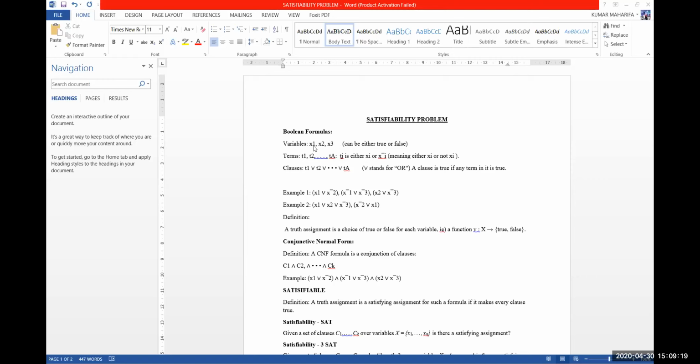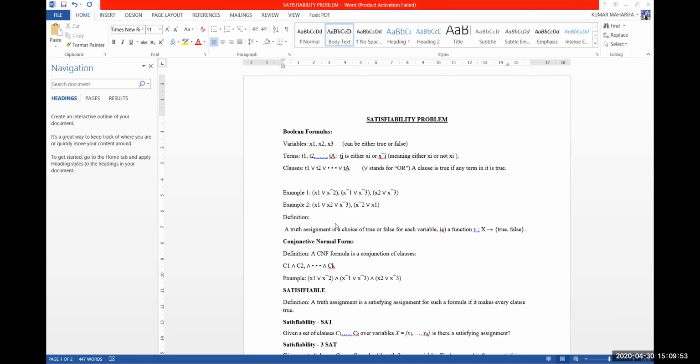The simplest entity of a Boolean formula is the variable, x1, x2 and so on, and we can name any variable on our own. The terms consist of these variables, and the clauses are the OR between these terms. In the first example we have clause 1, clause 2 and clause 3. Similarly, in the second example we have clause 1 and clause 2.